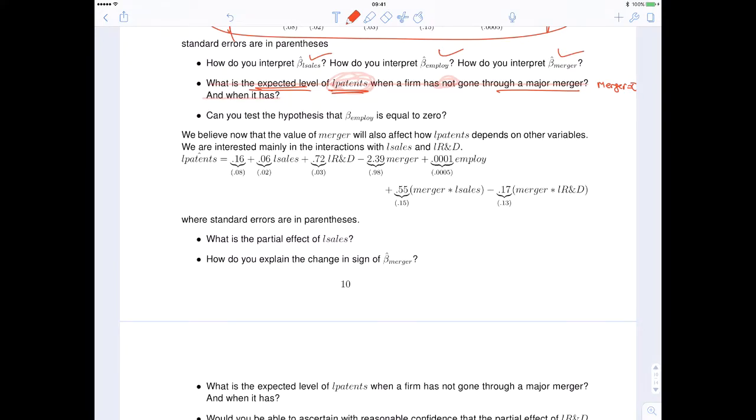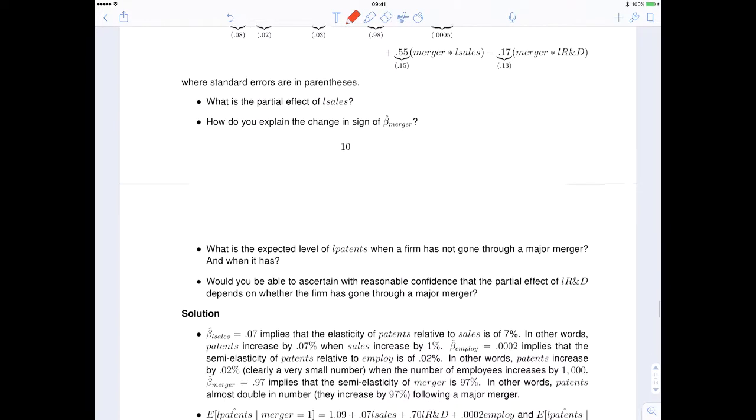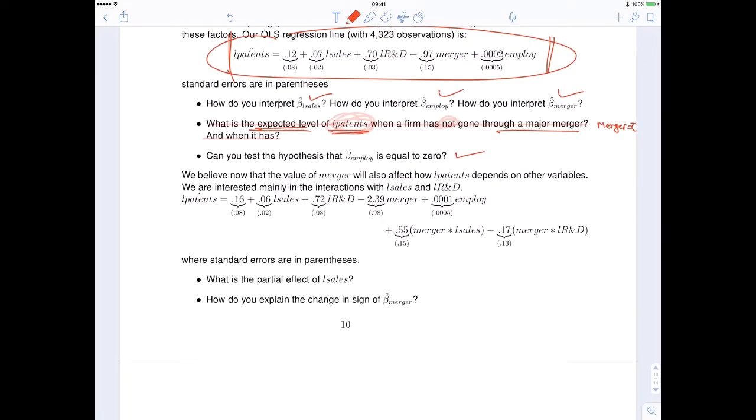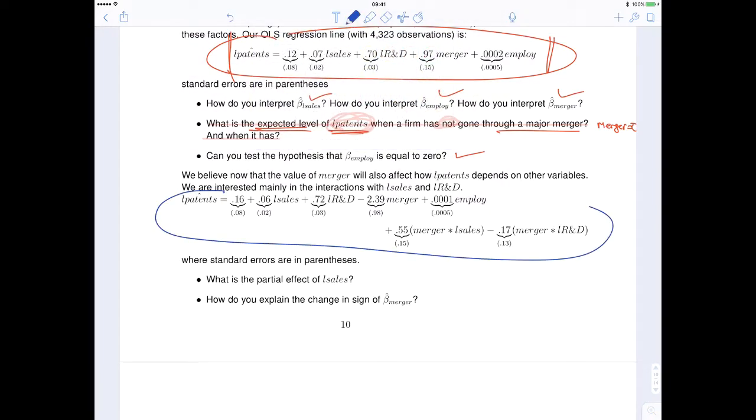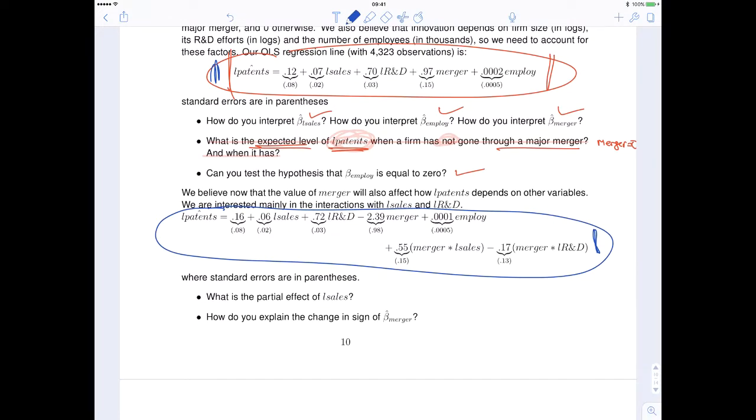Can you test the hypothesis? Sure, you can do a t-test on the two. Now, here's something that confuses people. Well, actually, let's discuss a little bit these two econometric models and what they say in English. In English, what does this model tell you about the effect of merger on patents?